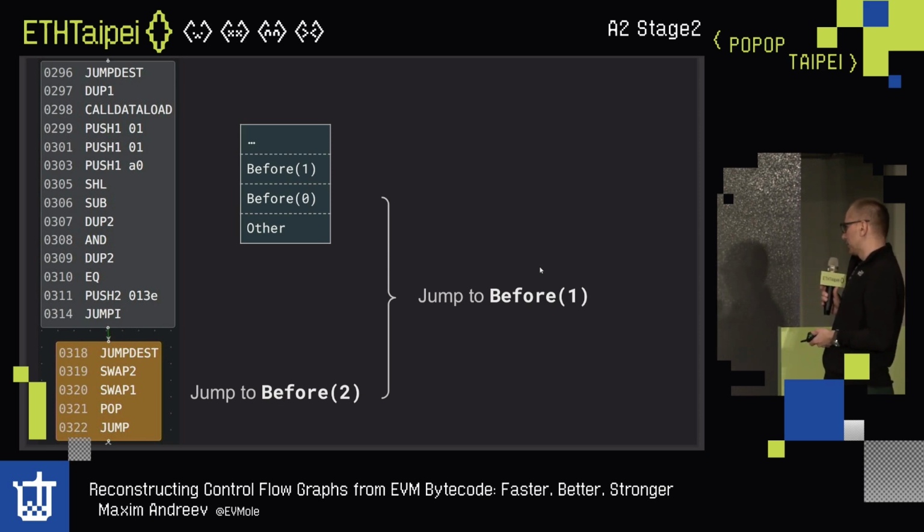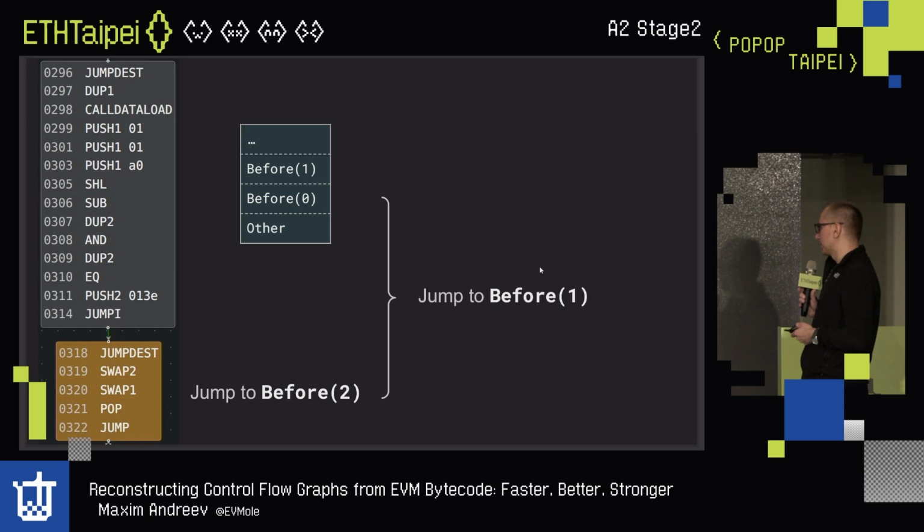Here we can see this block jumps to some value which is before something, and the stack state of the parent is like this. So before 2, 0, 1, 2, so it really jumps to before 1.